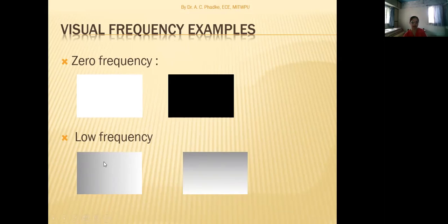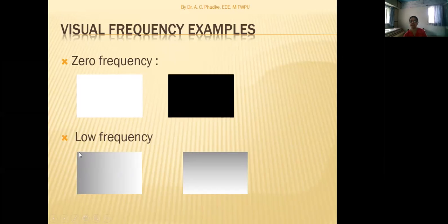Now again come to this third image, the left side image from the second row. If you consider simply the first column, are there any frequency contents in the first column? You can observe that all the pixels in the first column have the same value.